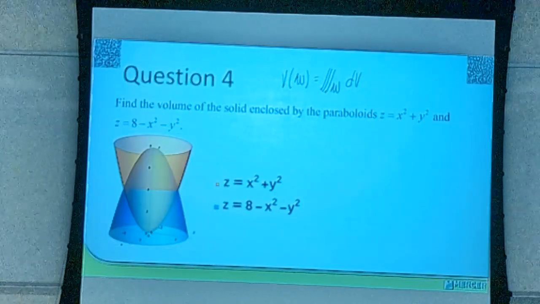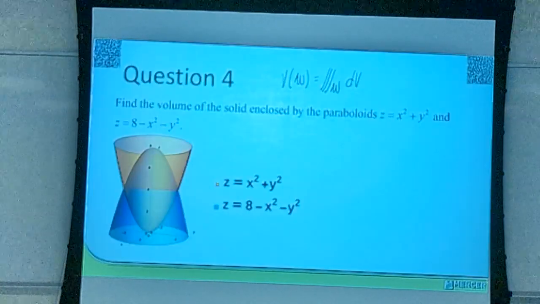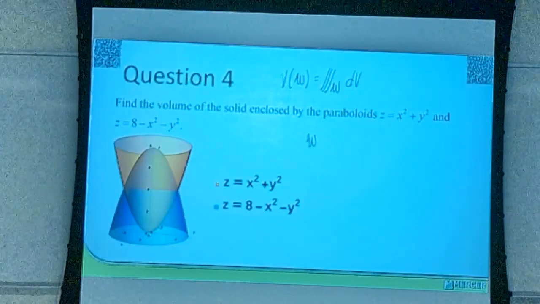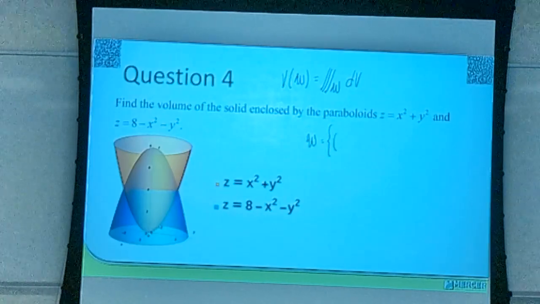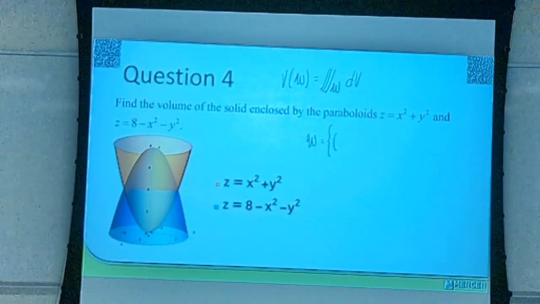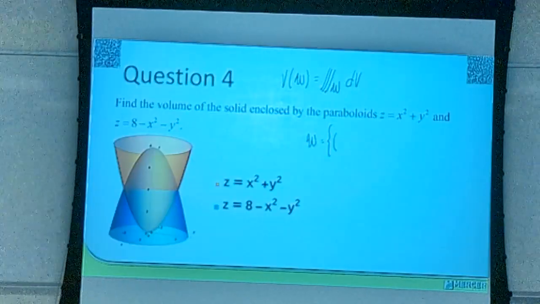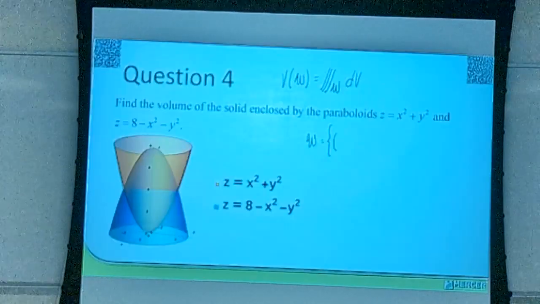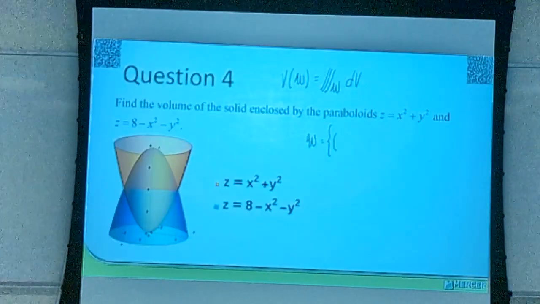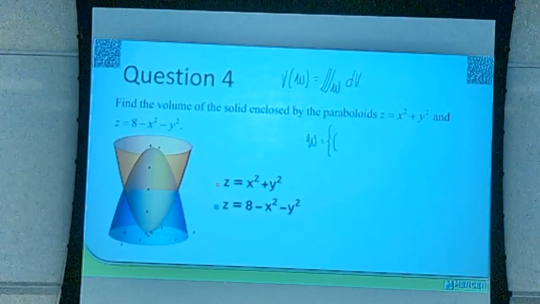What coordinate system? Cylindrical will probably be the best here, yes.